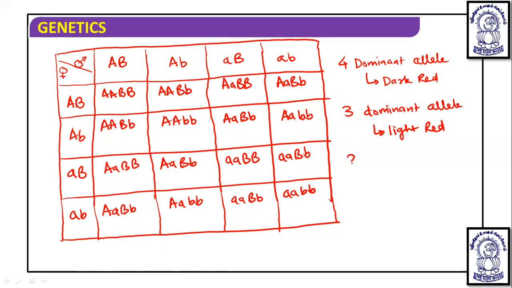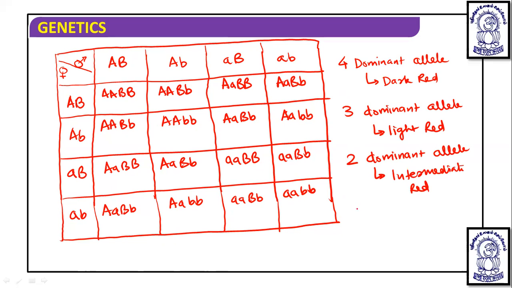and after this, two dominant alleles are there. When there are two dominant alleles, then intermediate red is obtained.